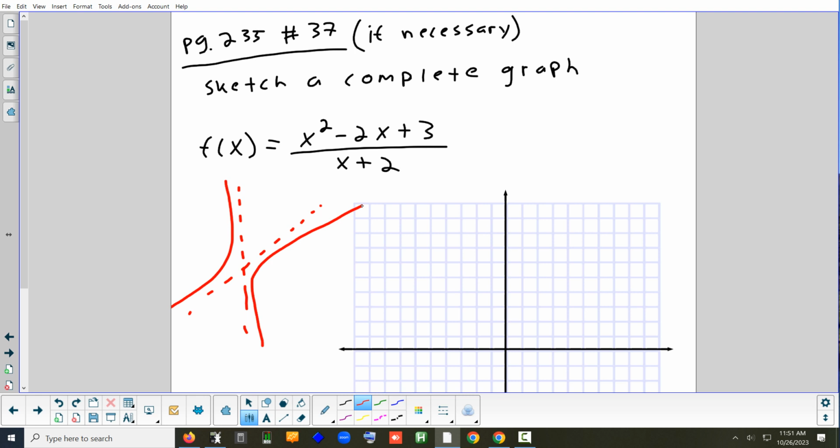Kind of. It has these 2 branches to it, like a hyperbola would have. I don't technically know if that graph is called a hyperbola, but it is similar to the graph of 1 over x, except there's no horizontal asymptote.